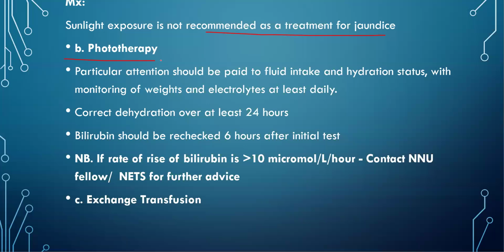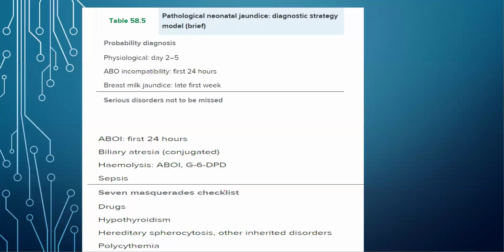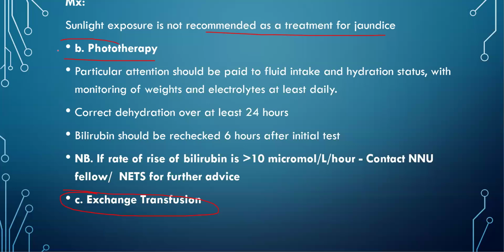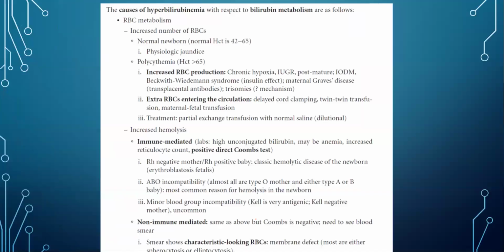Most of the kids will have phototherapy and they usually get better with that. Few children might require exchange transfusion, which we don't need to do very commonly. But if phototherapy itself is not helping, then the last option will be exchange transfusion. We will come to this treatment in a bit.